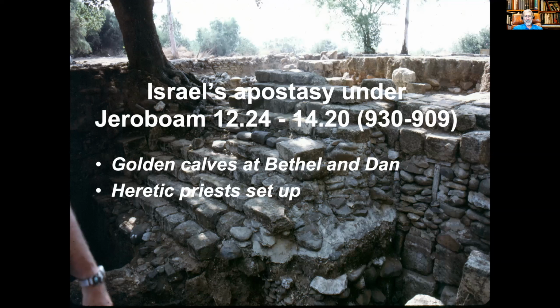We saw the golden calves in Egypt. And when the people came up out of Egypt at Mount Sinai, the great sin there on the mountain, at the foot of the mountain, as Moses was coming down with the first set of commandments, was the creation of a golden calf idol.